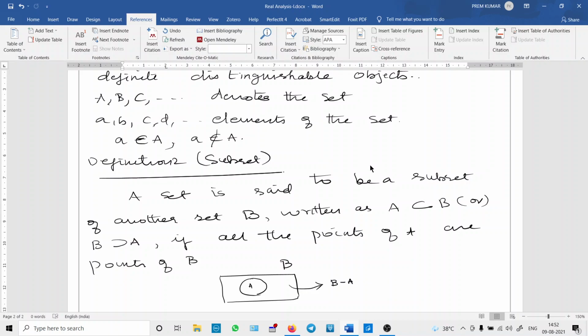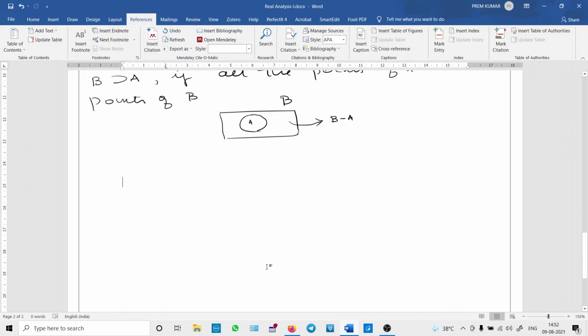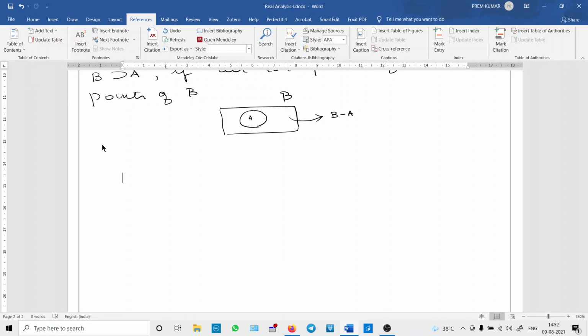When you say the two sets are equal, this is a very important thing we are going to use throughout the study.